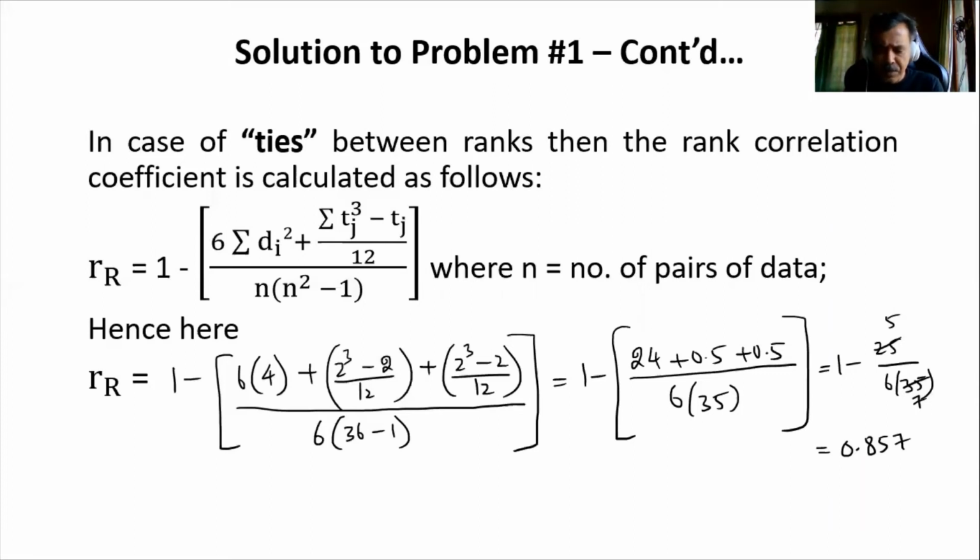Let us see how much: 5 divided by 42 is something like 0.119. That has to be subtracted from 1. Did I miss something?